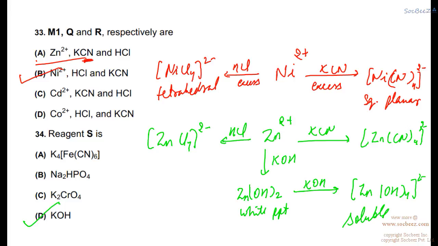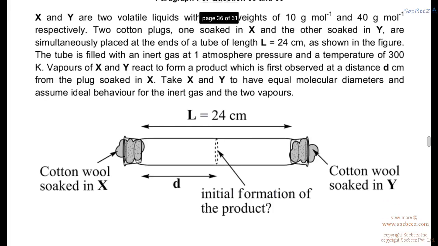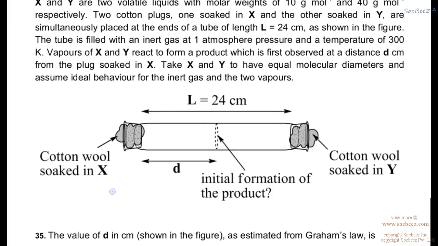Okay, so now let's move on to another question. X and Y are two volatile liquids with molar weights of 10 gram per mole and 40 gram per mole respectively. Two cotton plugs, one soaked in X and the other soaked in Y, are simultaneously placed at the ends of a tube of length L equals 24 cm as shown in the figure. The figure is given to be like this.